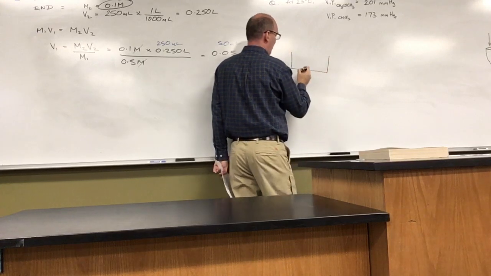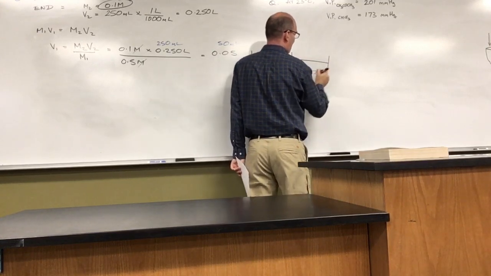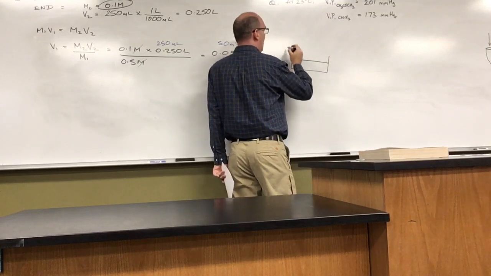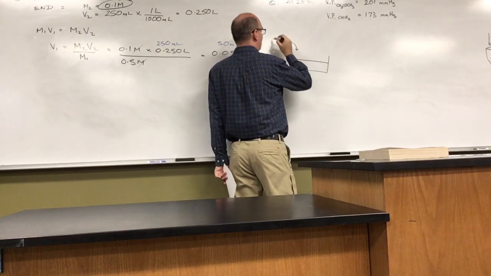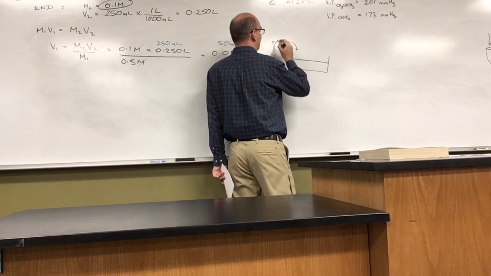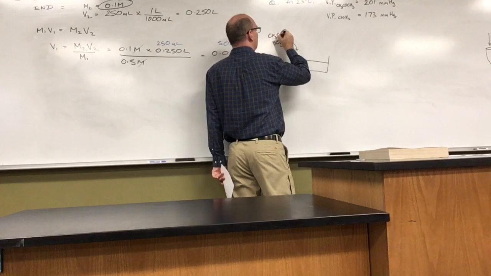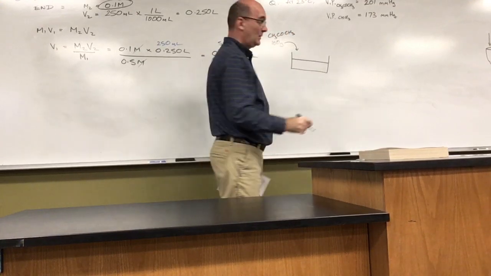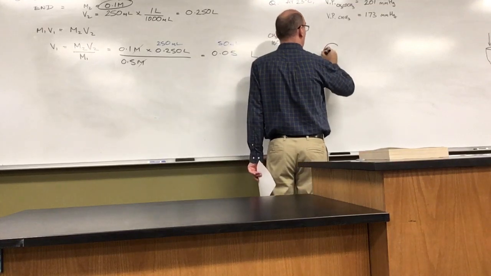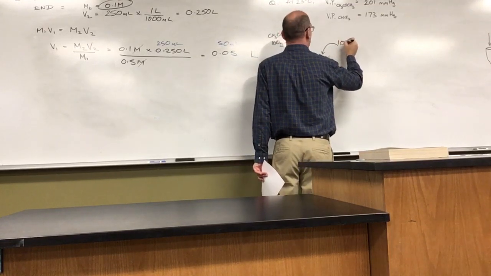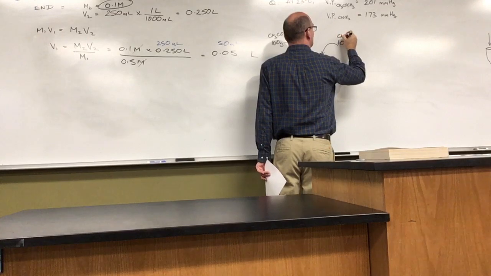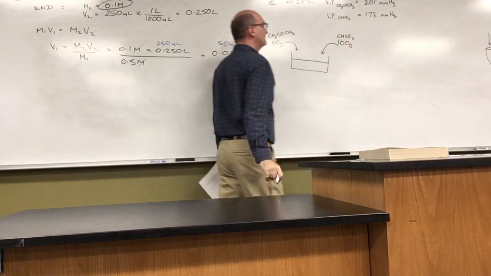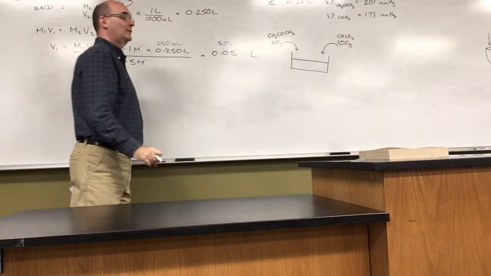I'm going to take a flask or a container of some kind, and I'm going to put 100 grams of acetone into it. And I'm going to put 100 grams of chloroform into it.